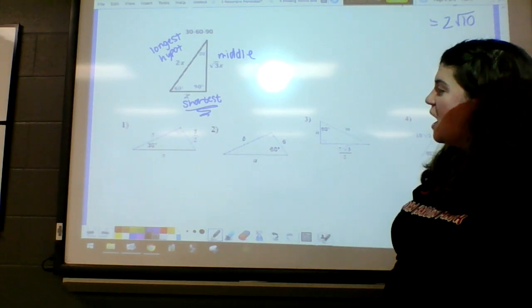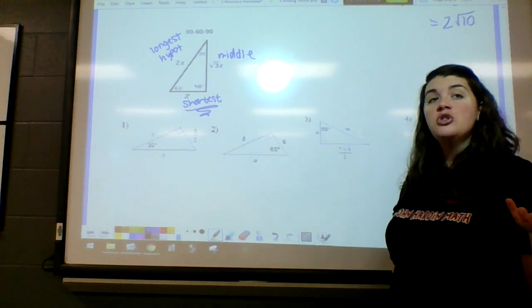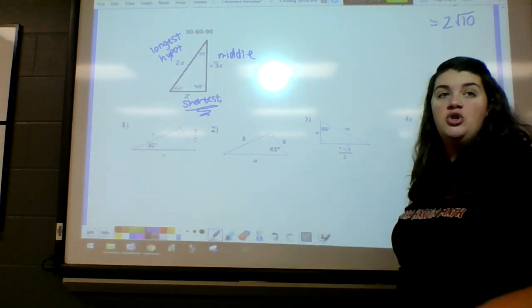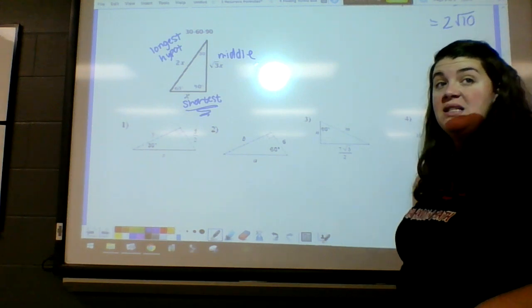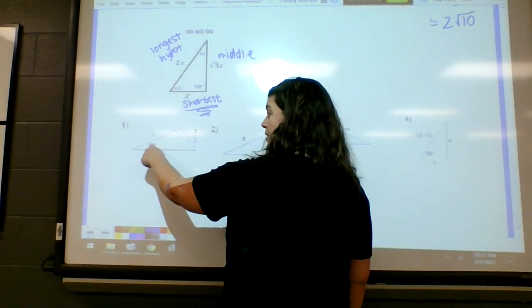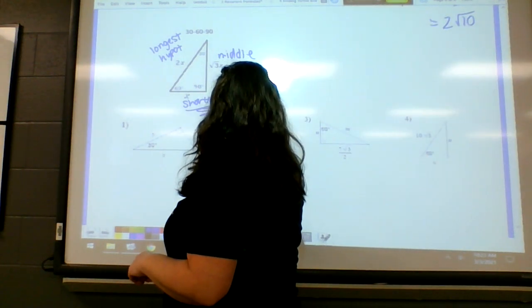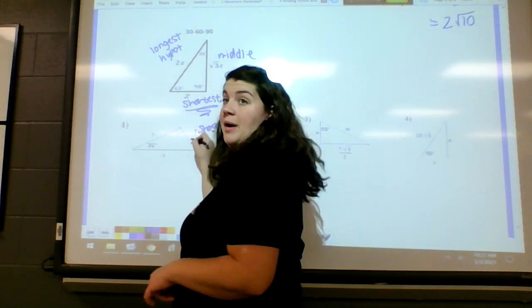So in triangle number 1 down there, do we have the shortest side or do we have a different side? That 5/2, is that the shortest? It is the shortest because it's across from the 30. So this is the shortest, which means everything is based off of that number, okay?